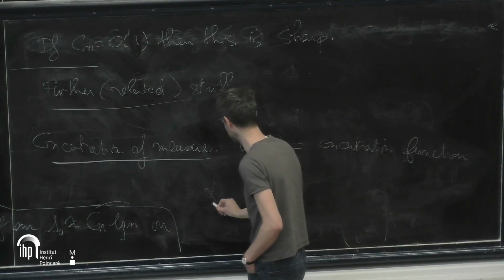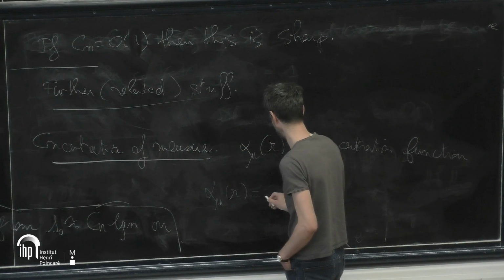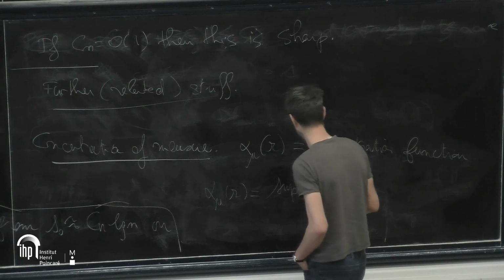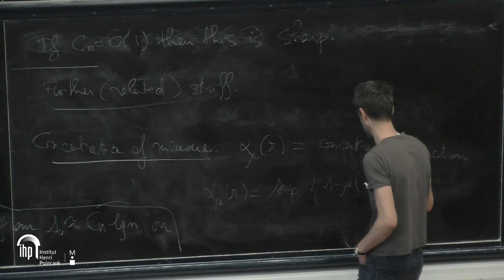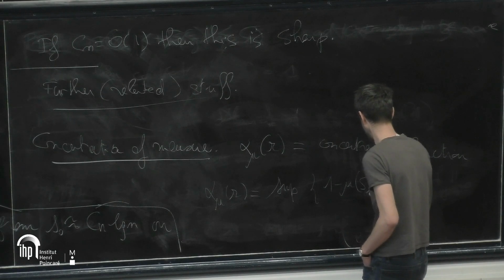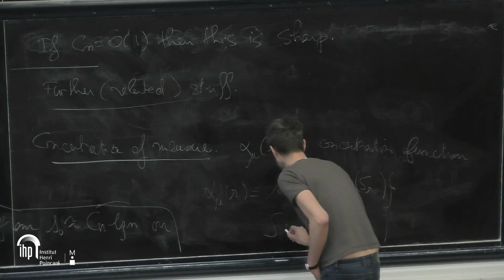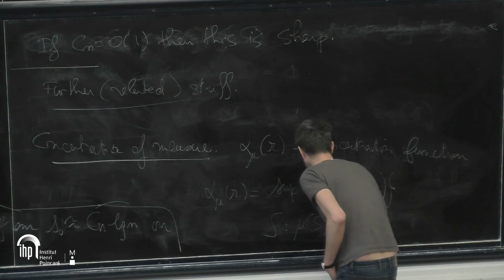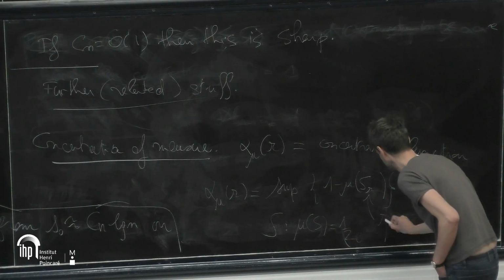So the definition is this: alpha mu of R is the largest 1 minus mu of S_R, and the supremum over S such that mu of S is 1/2, and this is the R neighborhood.